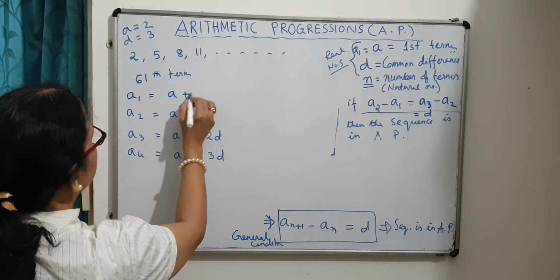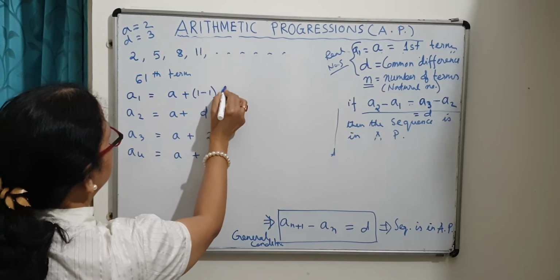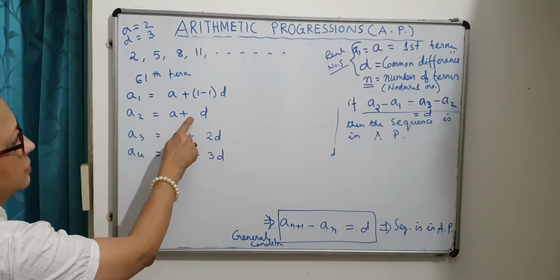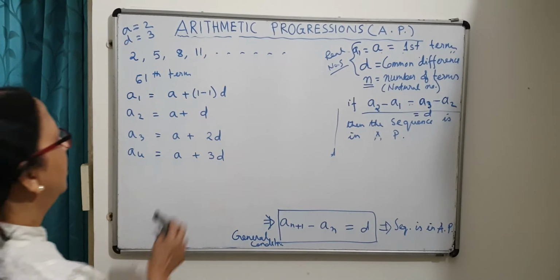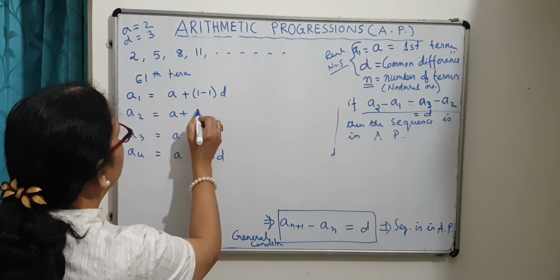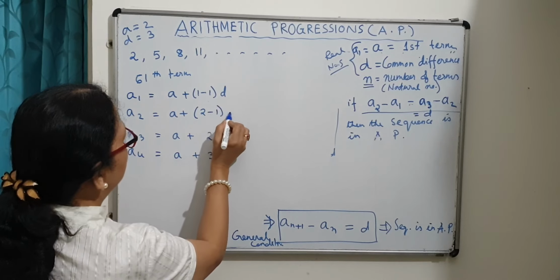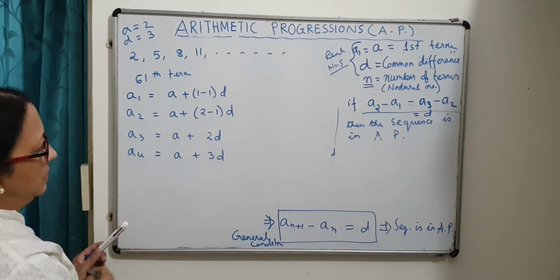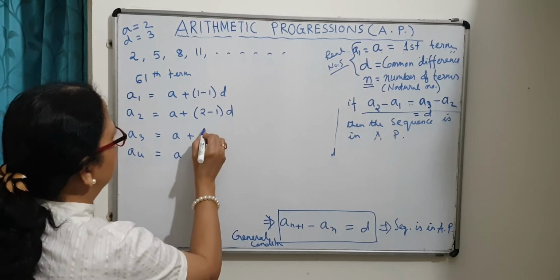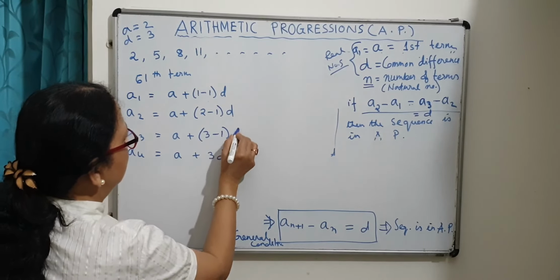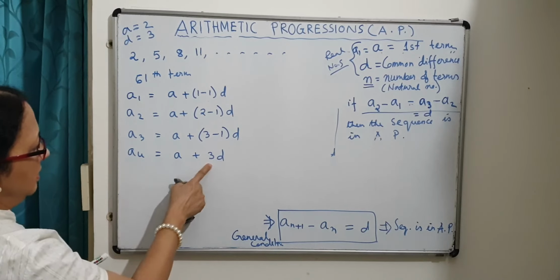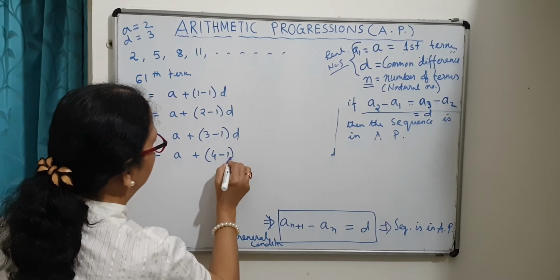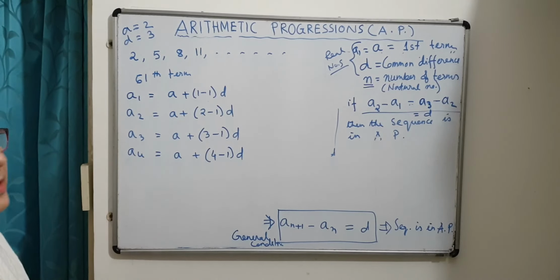I can write this d as 2 minus 1 into d, which is 1d, and similarly this 2d can be written as 3 minus 1 into d, and similarly this 3d can be written as 4 minus 1. So this is the pattern we have seen.